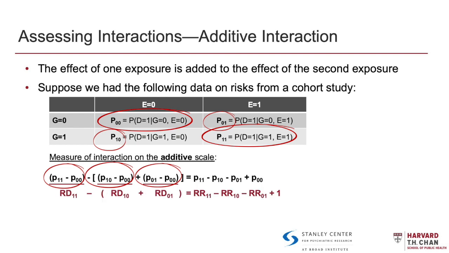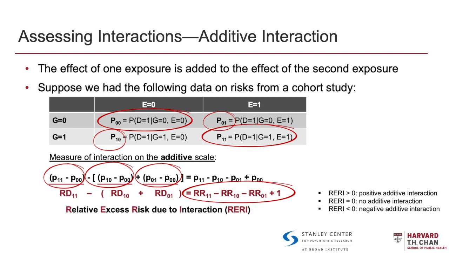We can say that P11 minus P00 is the risk difference for the presence of both, and the others are the risk difference for the presence of either of the risk factors. When we simplify this, we get this nice formula where we take the risk difference when both exposures are jointly present minus the risk difference for each exposure.